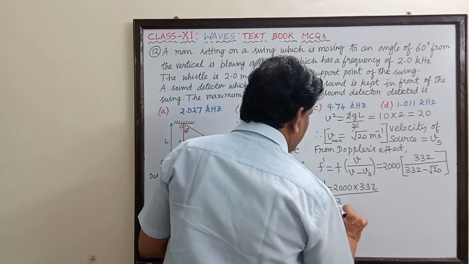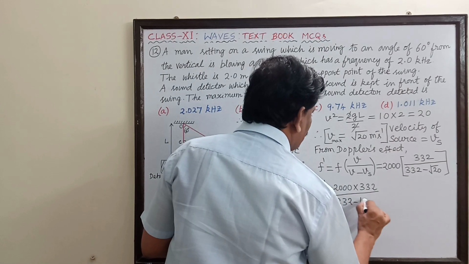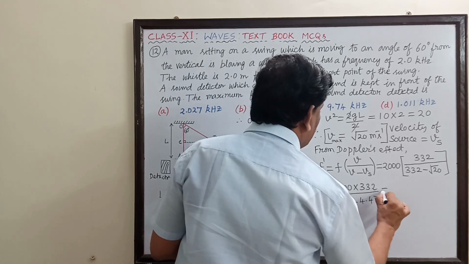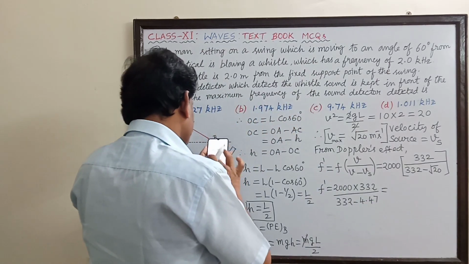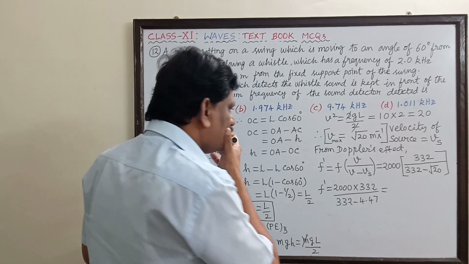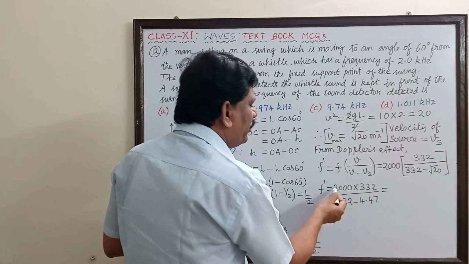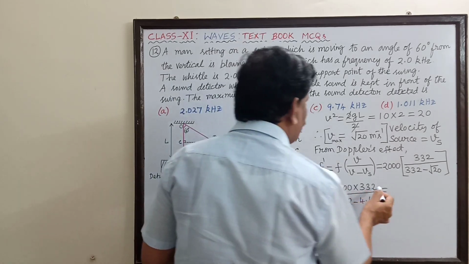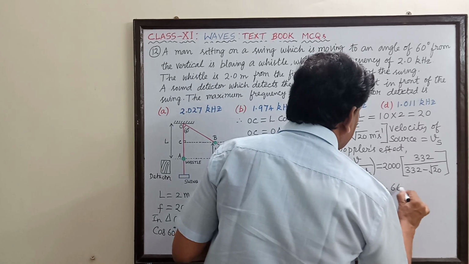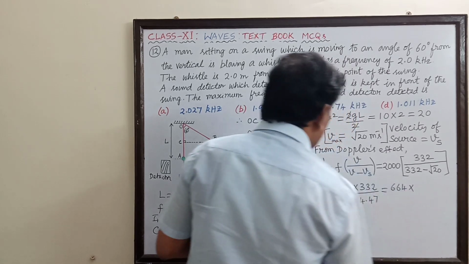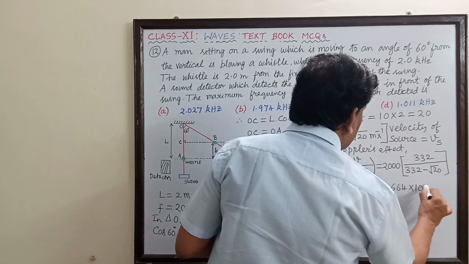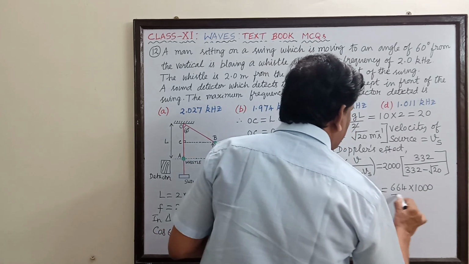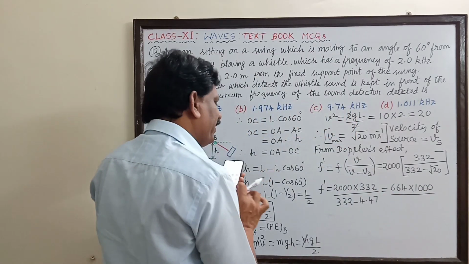So this is 332 minus 4.47. Now 332 into 2000 is 664 into 1000. 1000 divided by this difference we will find out.